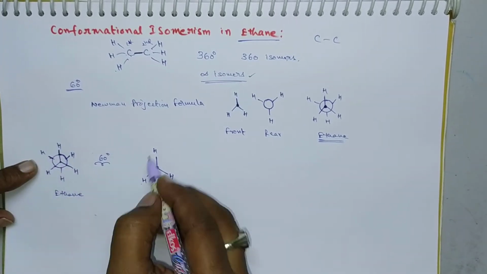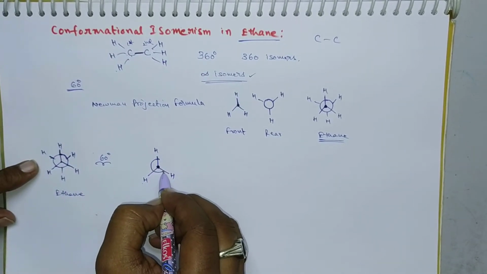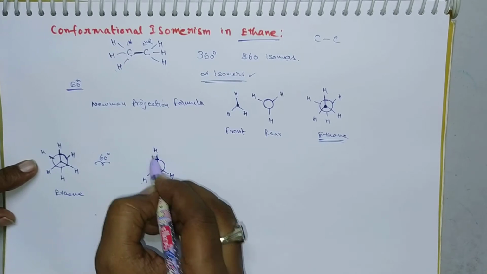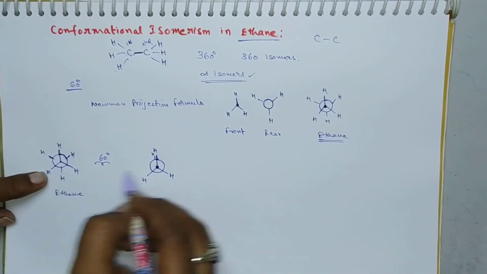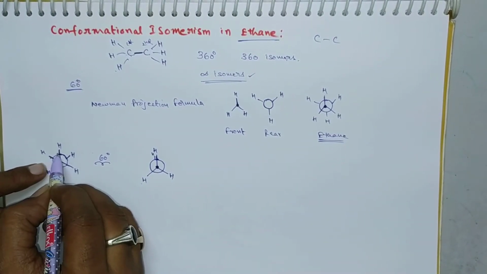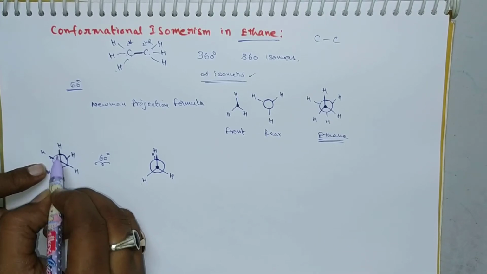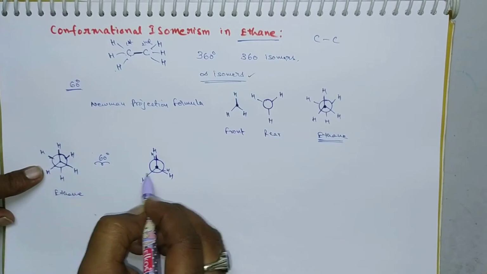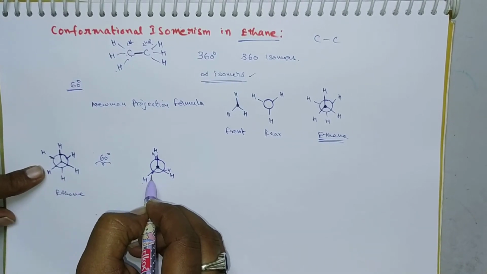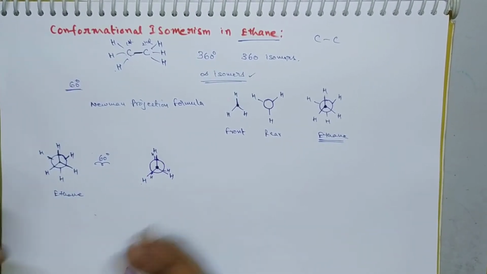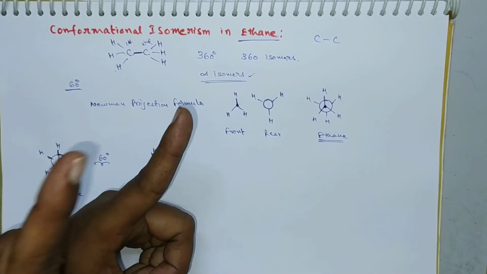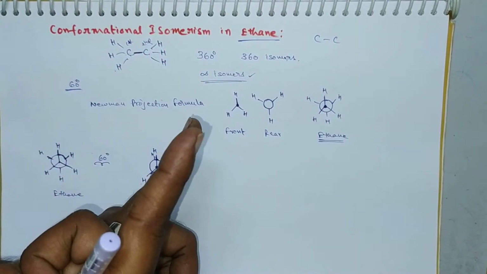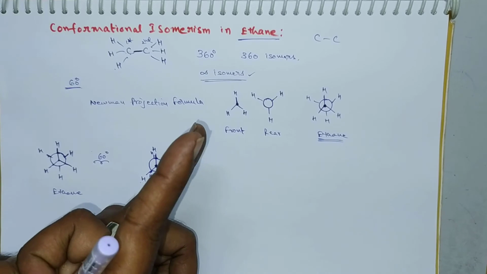For our clarity we write this just beside this hydrogen. So this hydrogen is present just below this hydrogen, and this hydrogen is present below this hydrogen, again this hydrogen. So the two hydrogens are just like this. This is the below hydrogen and this is the above hydrogen. So the two bonds will be like this.